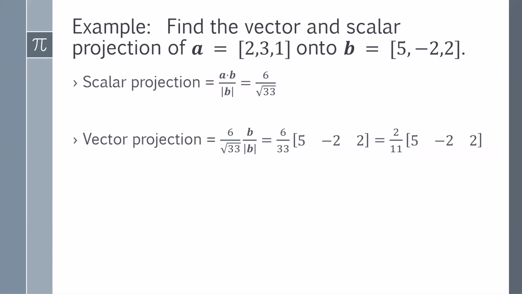And A dot B is 5 times 2 plus negative 2 times 3 plus 2 times 1, which is 6. So the scalar projection is 6 over root 33. Now the vector projection is that scalar projection times B over the length of B. And so we end up with 6 over 33 times vector 5, negative 2, 2, or 2 over 11 times 5, negative 2, 2.